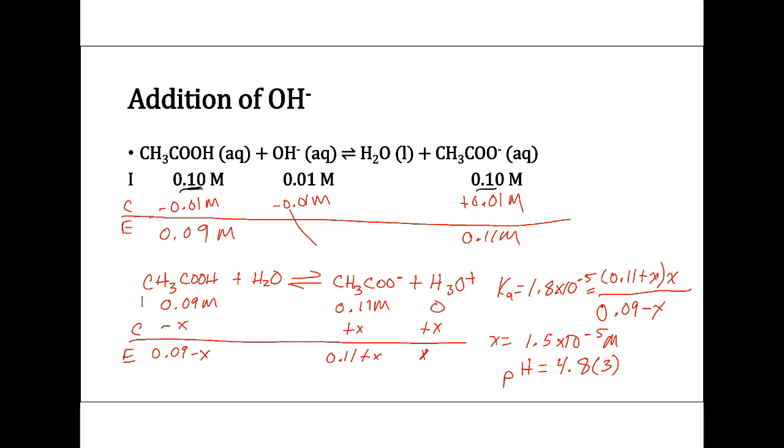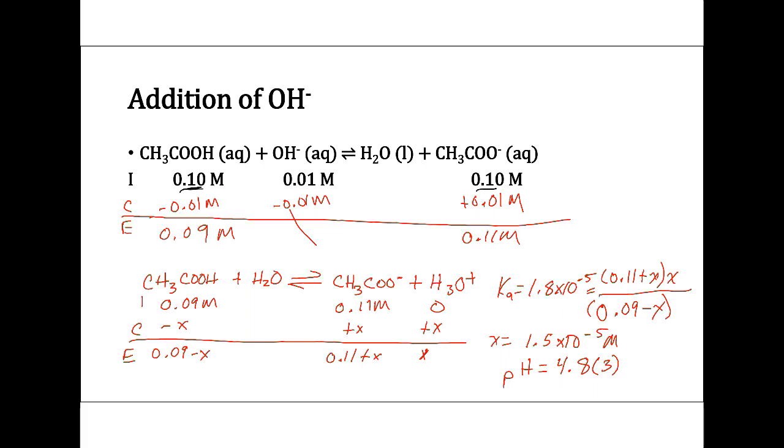So now the initial concentration of the acetic acid is 0.09 molar. The initial concentration of the acetate is 0.11 molar. So we can plug in, and then we get this same expression that we did on the other side, except with some slight deviations. So we have Ka is equal to 1.8 times 10 to the negative fifth. So again, Ka is on the order of 10 to the negative fifth.